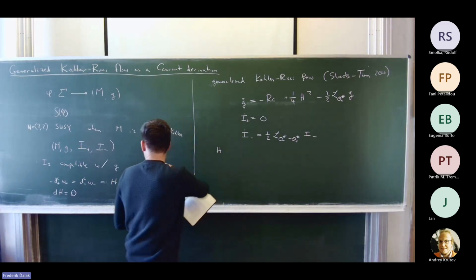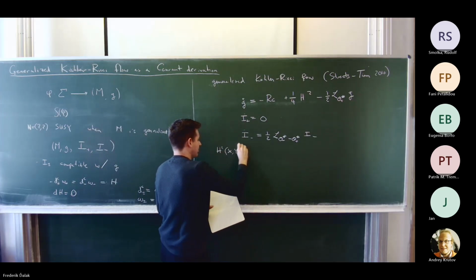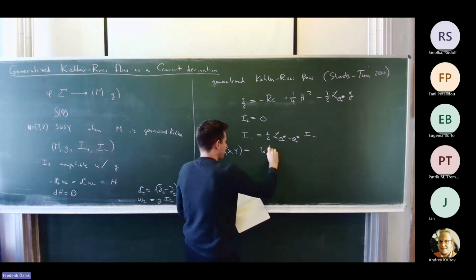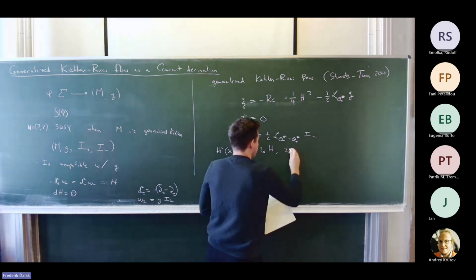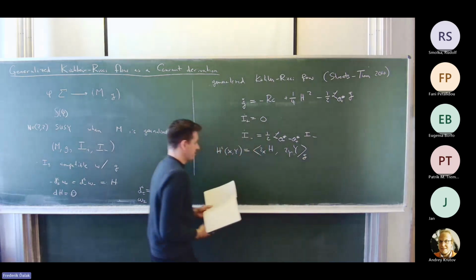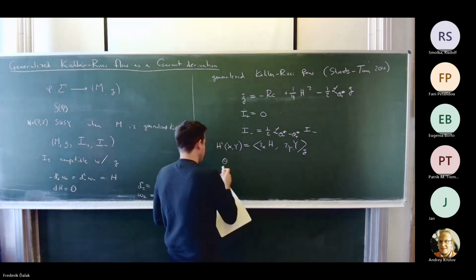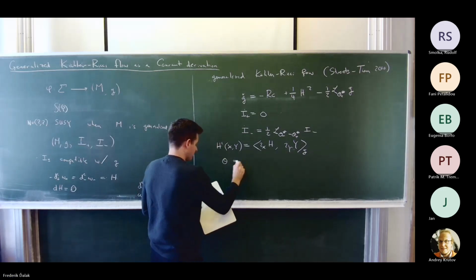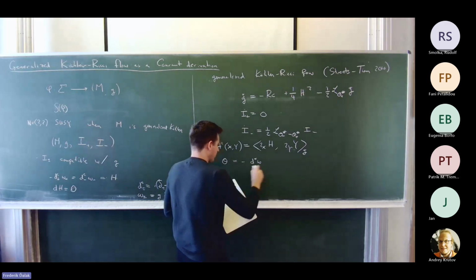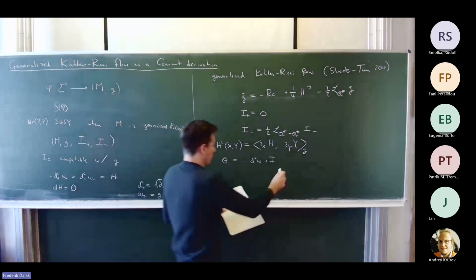H squared is a symmetric two-tensor: you contract H with a vector field, and you make the pairing using G. Theta is what's known as the Lee form, d star of omega composed with the complex structure. This gives you a one-form.